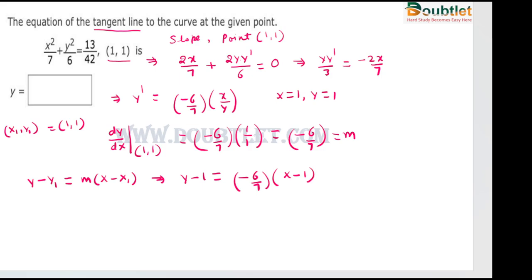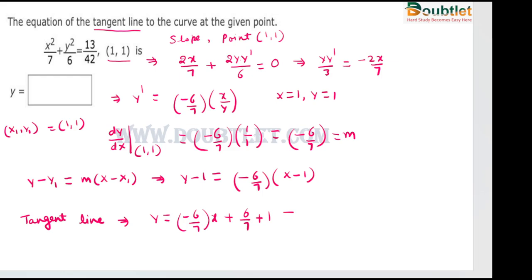If we solve this, so tangent line equation, y is equal to minus 6 divided by 7 x, and this will become 6 divided by 7 and this will become 1.